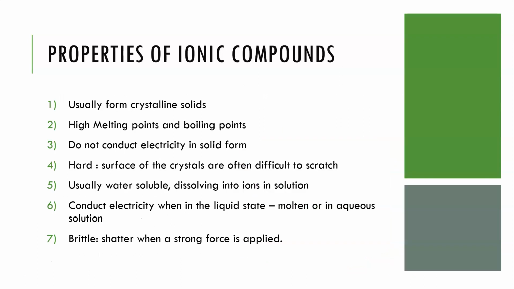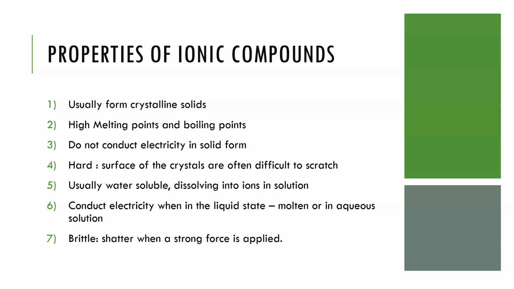This ionic bonding model, with alternating positive and negative charges, can be used to explain each one of the key properties of ionic compounds. These being the formation of crystalline solids, the high melting points and boiling points, the fact that they don't conduct electricity when they're solid, they are hard and difficult to scratch, they are generally water soluble and will dissolve into ions.